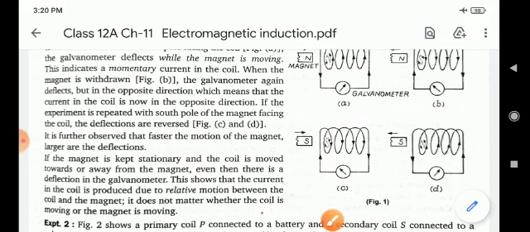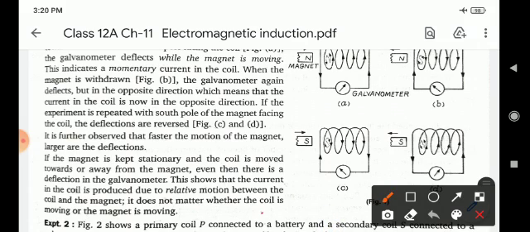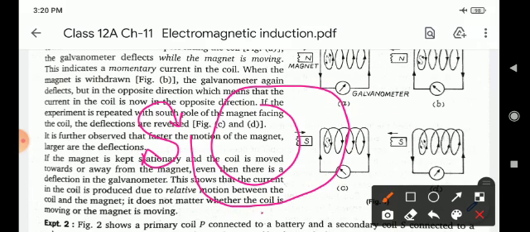Similarly, for figure C, if the south pole moves toward the coil, then it behaves as a south pole, that is, the clockwise direction.